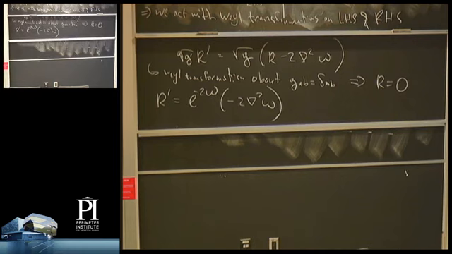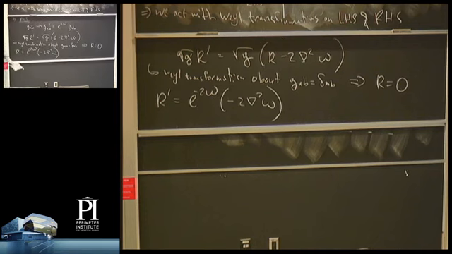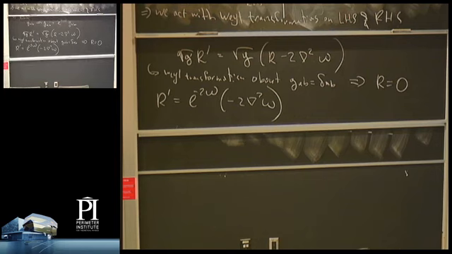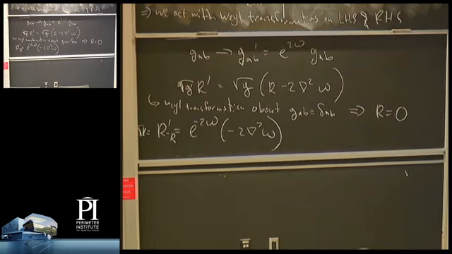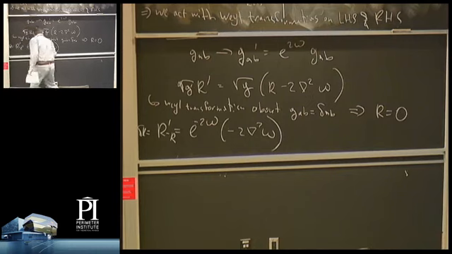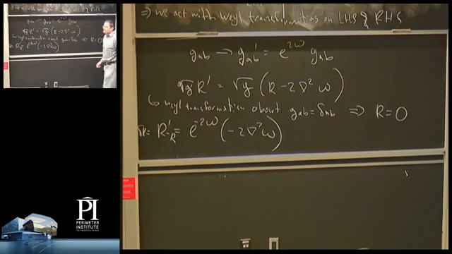Okay. Now we are interested in how the Ricci scalar transforms. I can write down R prime minus R, right? I think maybe it's better if I put delta omega here as well.